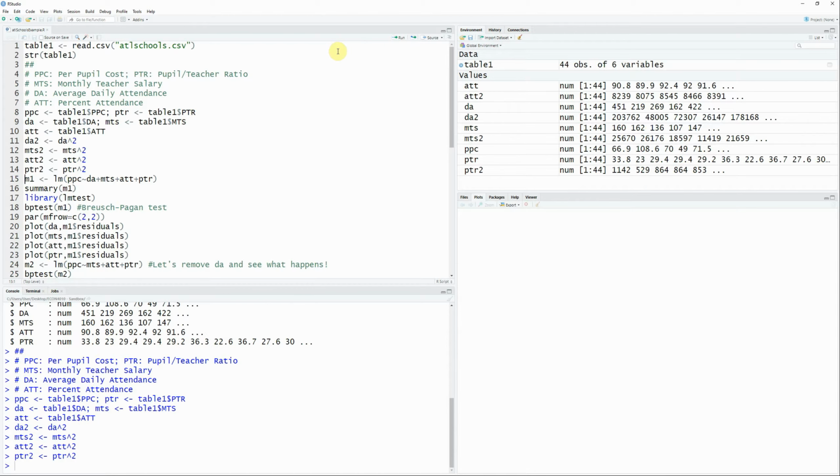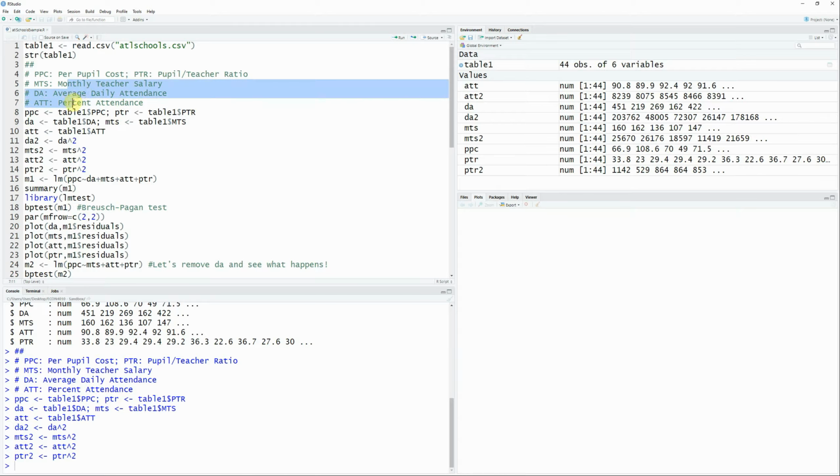Now my first model, there's a focus of this analysis. The analysis is we want to figure out, can we describe what would be the per pupil cost? So if we know the average daily attendance, that is a number that could give us how many people are going into that school on average per day, and a monthly teacher salary for teachers in that school, and then what's the percent attendance of students.